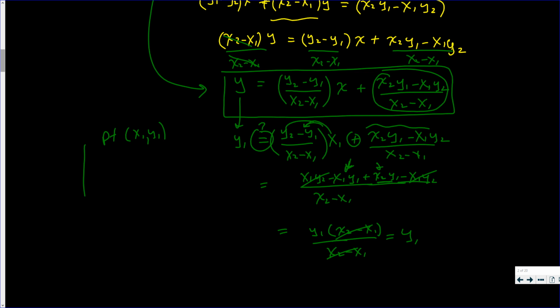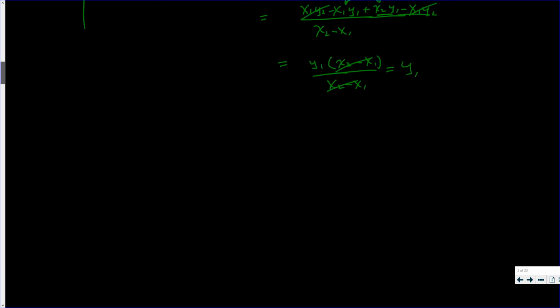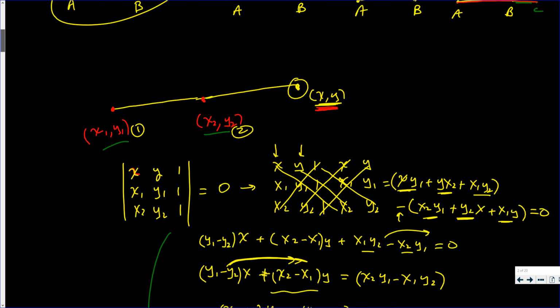Fair enough. We have to be careful. We have to do a separate case when x1 and x2 are equal to one another. That means we're going to have a vertical line. Because if you have this point, x1, y1, and you have another point, x1, y2, different y value, well then you're going to have a vertical line and there is no slope.